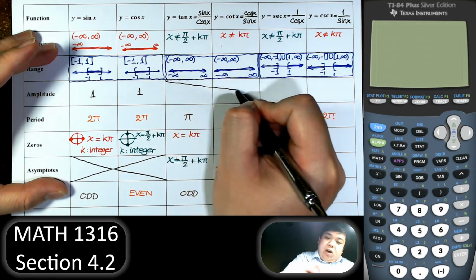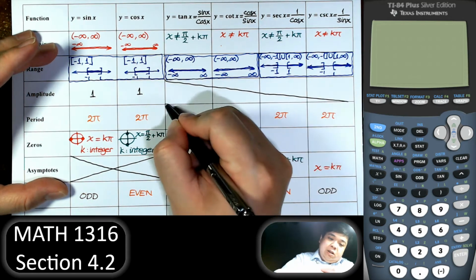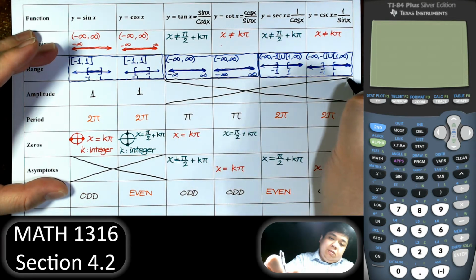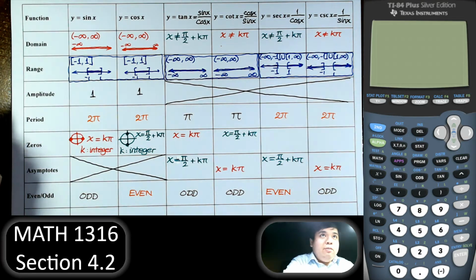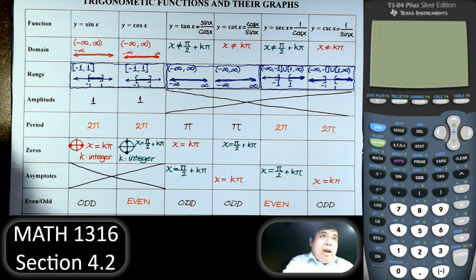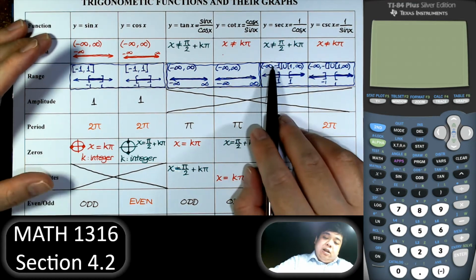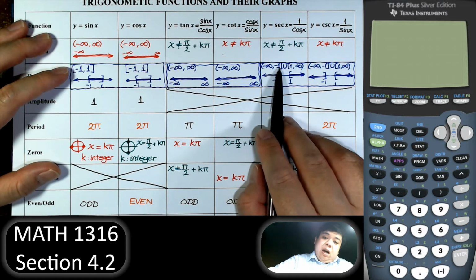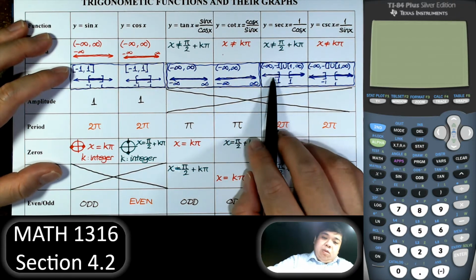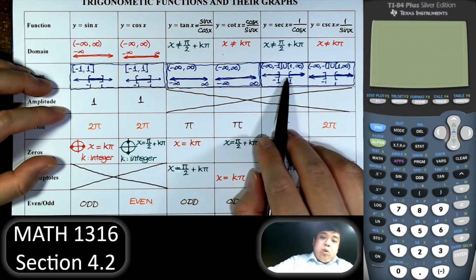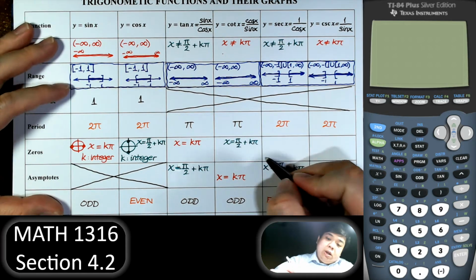This function does not have amplitude. And also, because the secant and cosecant, the domain is not including 0, so it cannot be 0.